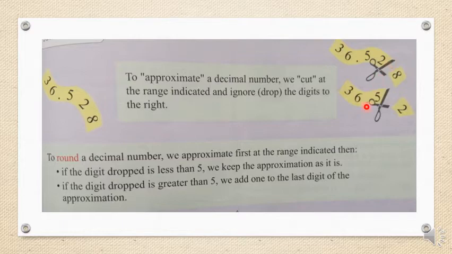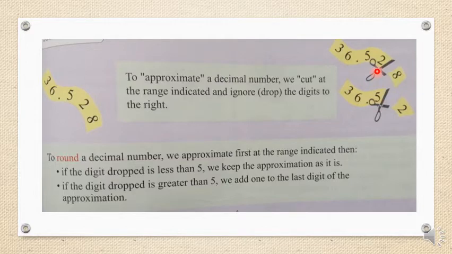If they asked me to approximate this decimal number, which is 36.52, to the nearest tenth, we cut the number at its tenth digit and we ignore the digits to the right. So in the first case we will get 36.52, in the second case we got 36.5.